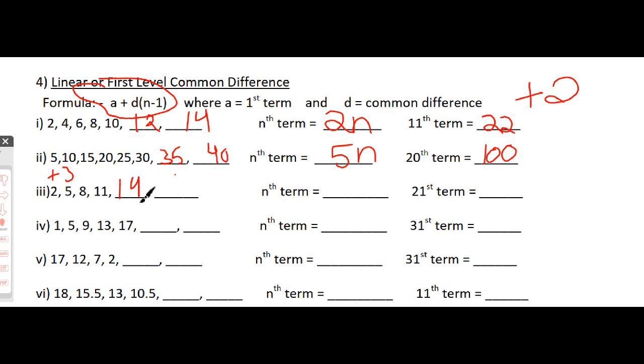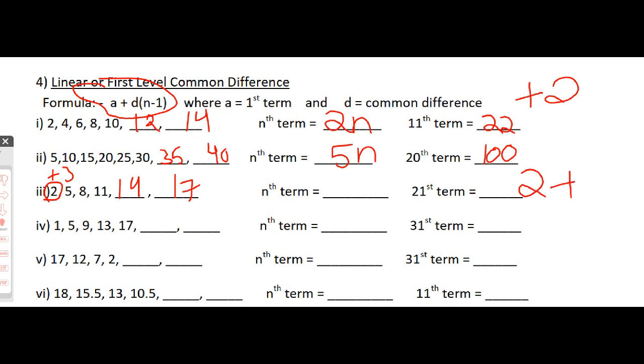Now how do we make the nth term of this kind of sequence? You may use the formula given, a plus d bracket n minus 1. a is the first term. So what is the first term in this question? It's 2. So I write 2 plus d, the common difference. What's the common difference in this question?